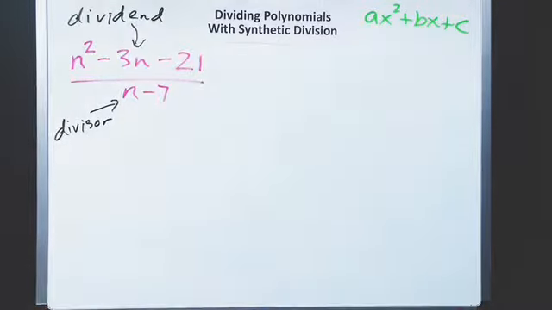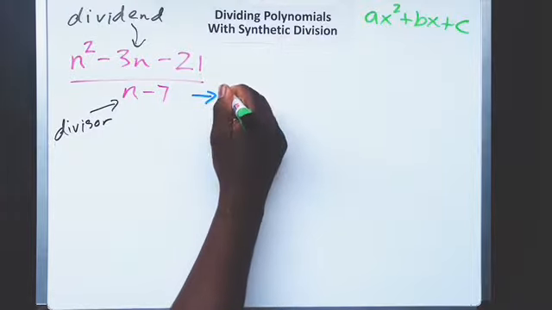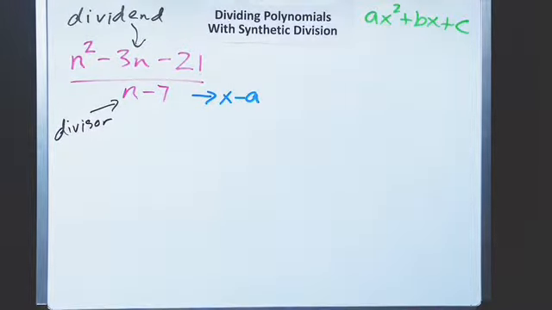And the answer that comes from this is referred to as the quotient, and we'll point that out later. I also want you to notice that in the denominator, we have n minus 7, and that represents x minus a. So keep that in mind, and I'll make that clear.